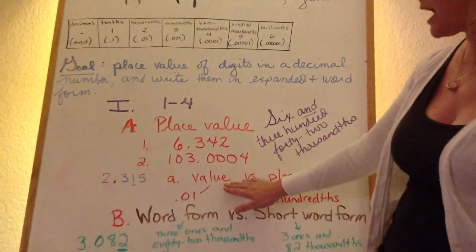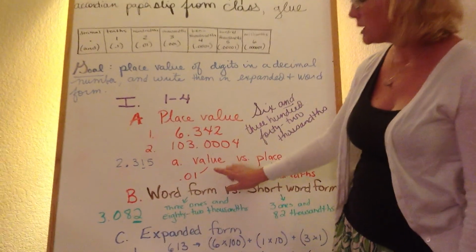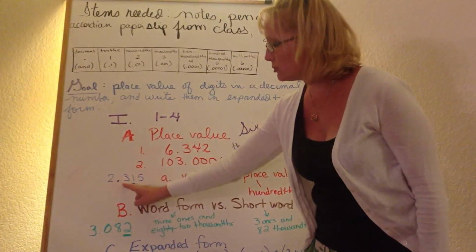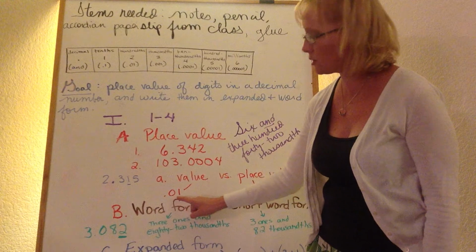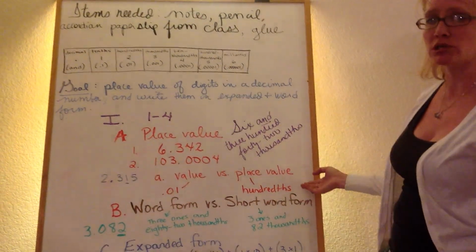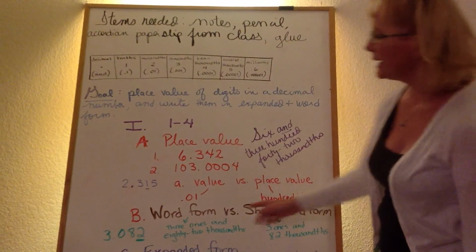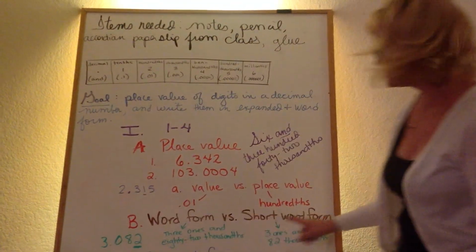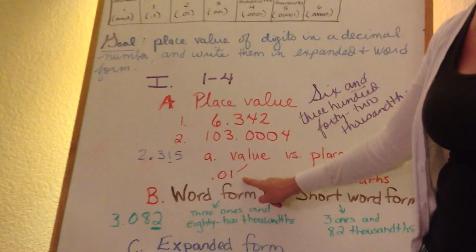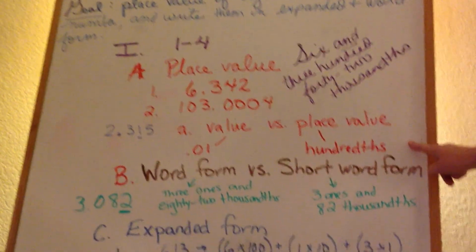When I ask for just the value of this 1, it wants to know in numerical form, in number form, what its value is. And so this is 2 places past the decimal, so it would be 0.01. Place value wants to know in words where it's located. And this is the hundredths place, so its place value is hundredths. So again, value is numbers, place value is words.